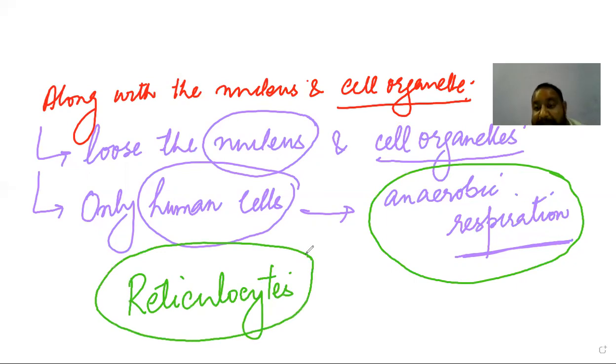Normally, they show these indications only for the first 2 days of maturation. One more thing about the RBCs is that they are responsible for deciding the blood group of humans.